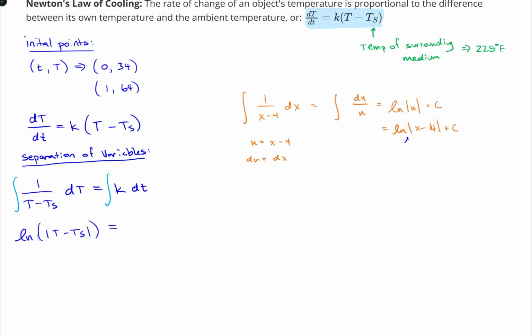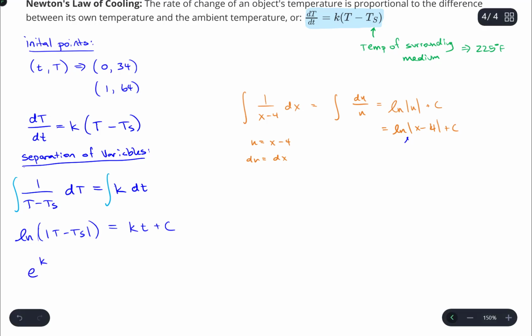that's that integral. The integral over here would just be k times this variable t plus some constant, with which we could now change this into exponentials by basically either raising both sides with a base e, or if we just go directly into an exponential, we have a log base e, so the base of our exponential is e.